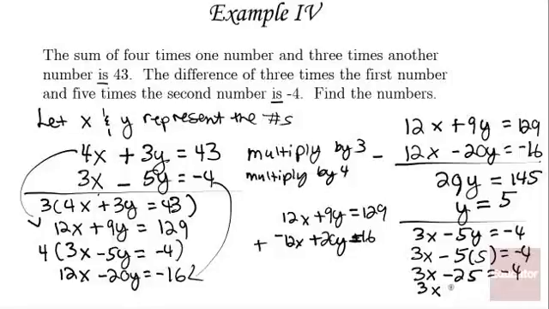Add 25 to both sides, that's going to give me 3x equals 21. Divide both sides by 3, I get x equals 7.